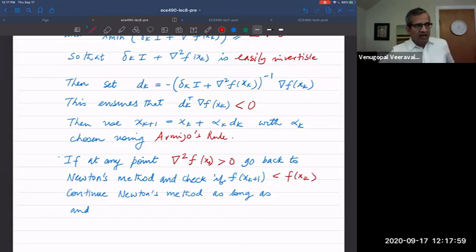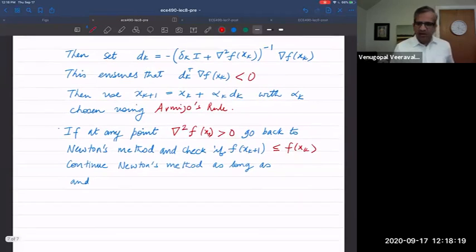You're not applying Armijo's rule there, because in Newton's method you're just making alpha k equal to 1, so you may not be guaranteed that f of xk plus 1 is less than f of xk. So you go back and check, and you continue Newton's method as long as these conditions hold.